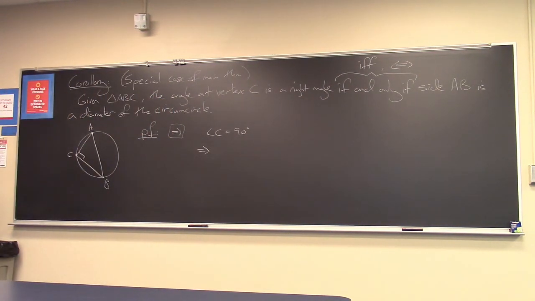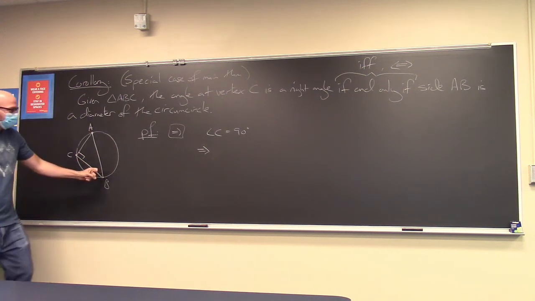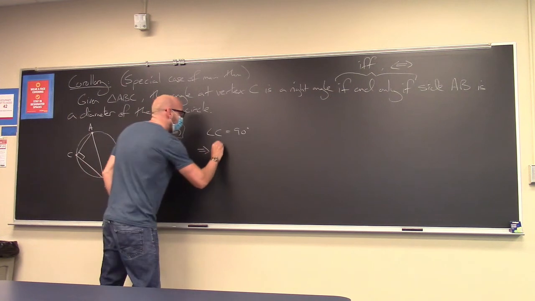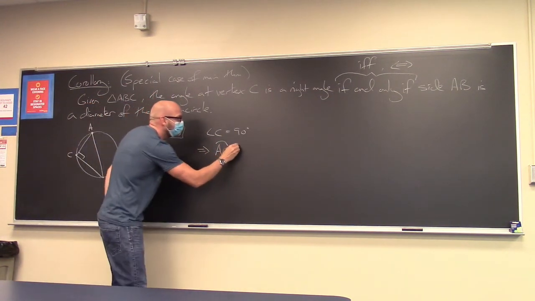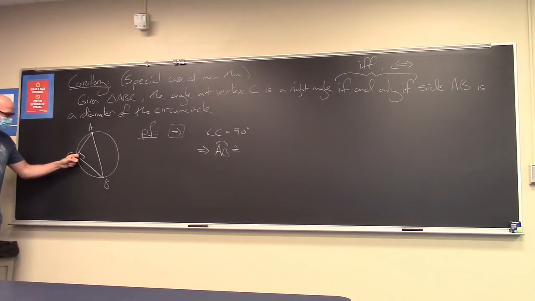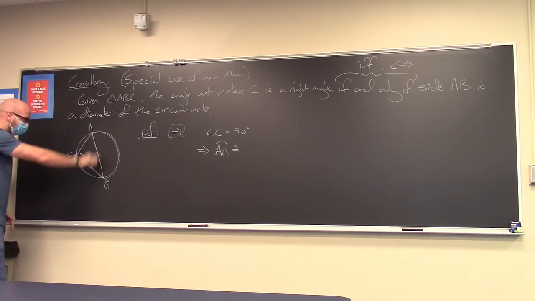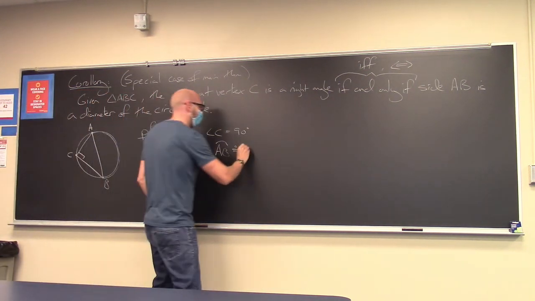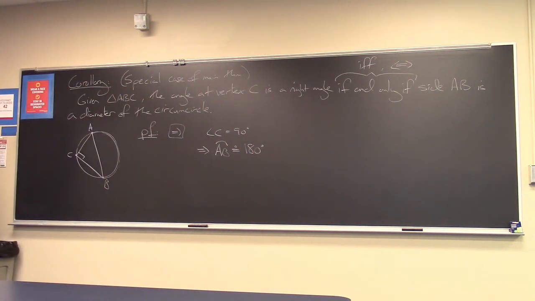So what does that imply about the arc AB? How many degrees is that arc? 180. Yeah, 180, because it has to be twice this angle. This arc AB is inscribed by this angle C, so that arc is 180 degrees. And pretty clearly, you could take this as an alternate definition of diameters if you want.